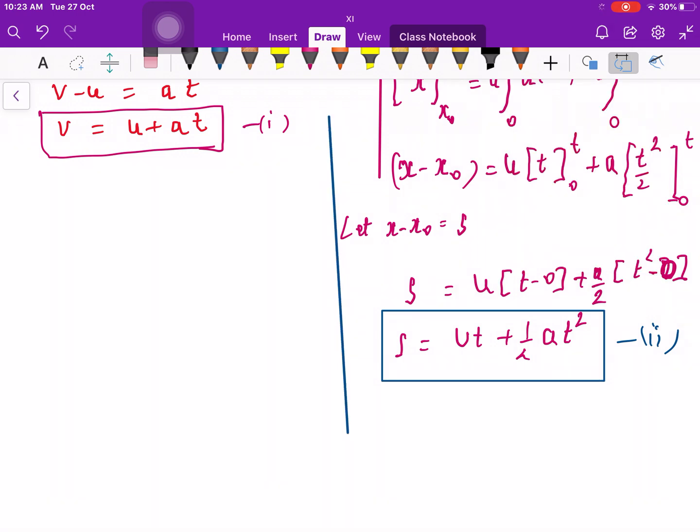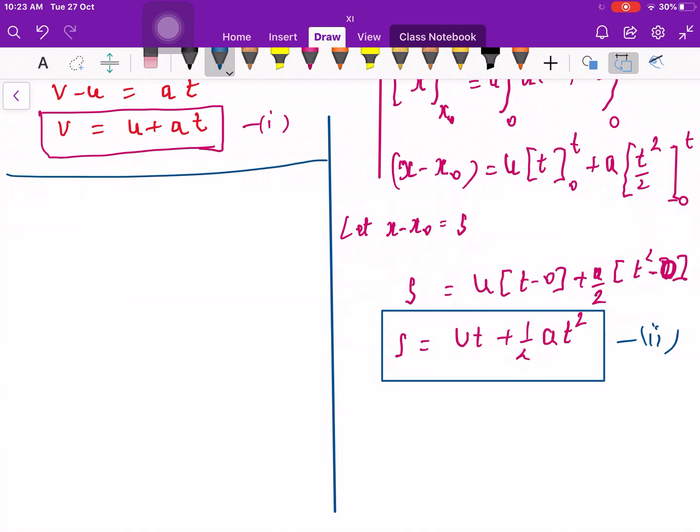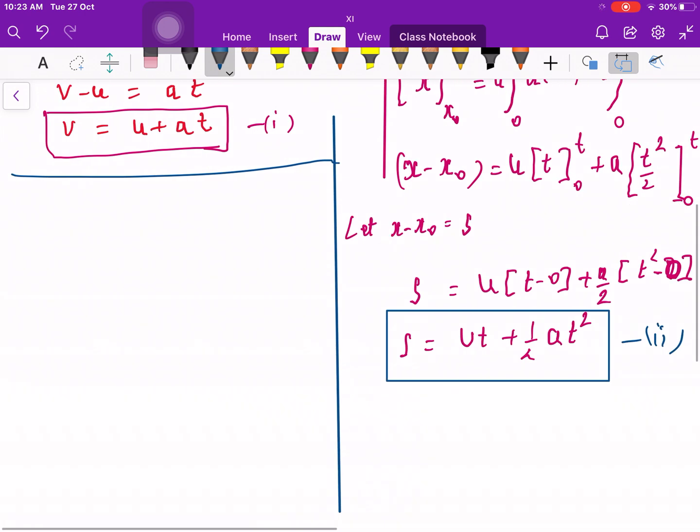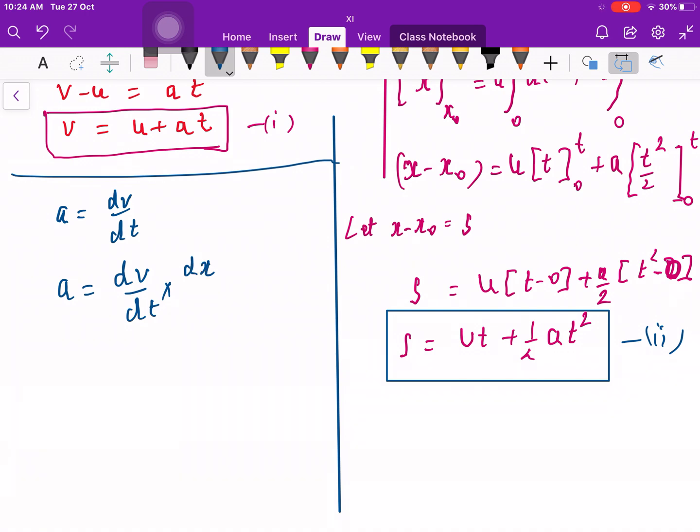Now in a similar way we can find the third equation also. For the third equation, let us see what to do. We know that a is equal to dv by dt. Now if I multiply and divide by dx, I am just rearranging it, so it becomes dv by dx times dx by dt.